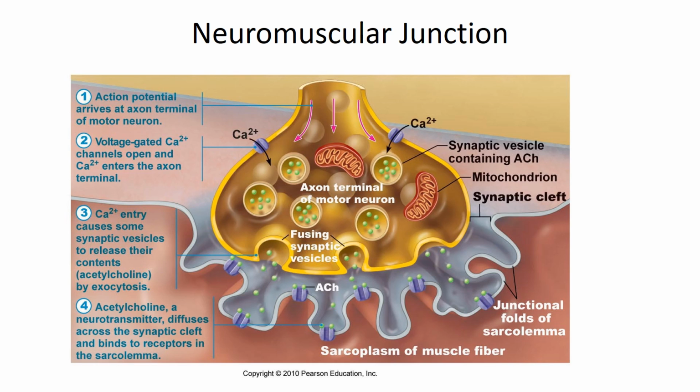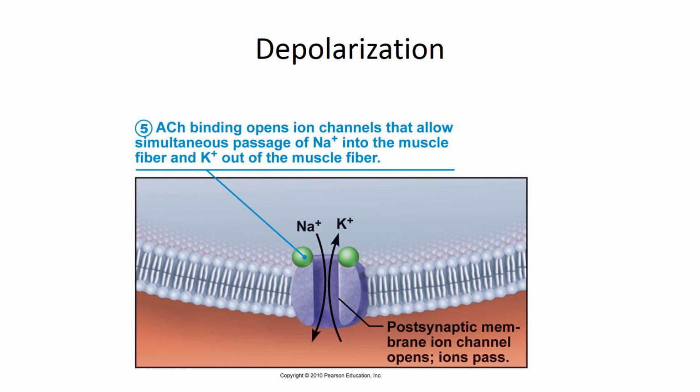Acetylcholine then diffuses across the synaptic cleft and attaches to receptors, also known as ion channels, on a highly folded region of the sarcolemma called the motor end plate. The binding of acetylcholine to the channels causes the channel to open and an influx of sodium ions into the muscle cell, which results in depolarization of the sarcolemma and eventually leads to an action potential and contraction, which you can see here.